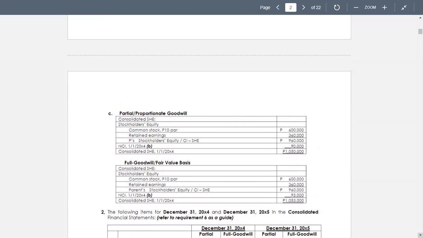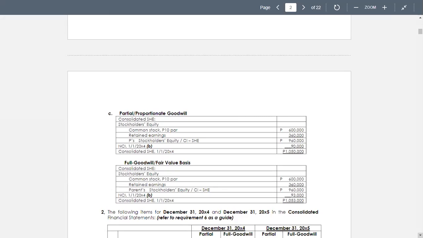Partial goodwill or proportionate goodwill, and the other one is full goodwill or fair value basis. The consolidated stockholders' equity is now required on January 1, 20x4 in requirement number 1.